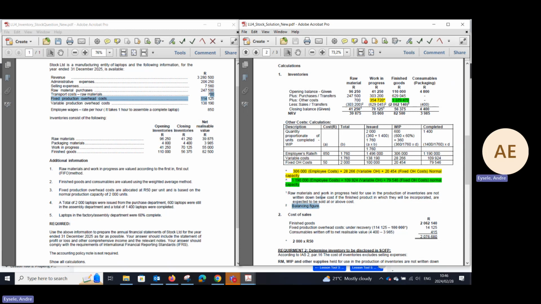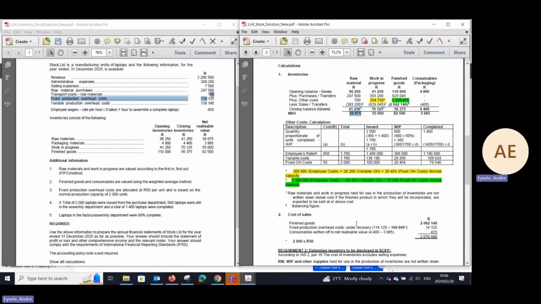All right, so raw materials and work in progress held for use in the production of inventories are not written down below cost if the finished product in which they will be incorporated is expected to be sold at or above cost. So now you can see, colleagues, that the closing balance of your raw materials is more than the NRV.